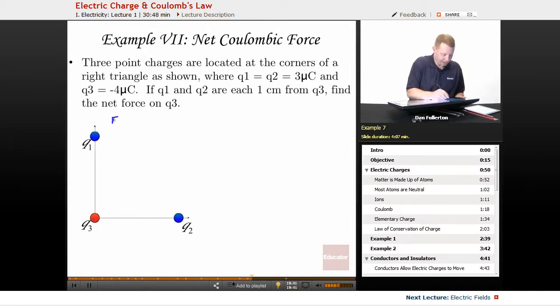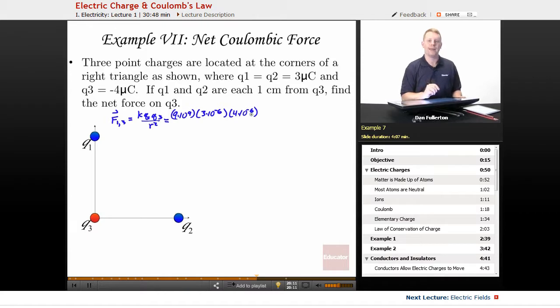We'll call that F1,3, and that's going to be equal to k Q1 Q3 over r squared, which is 9 times 10 to the 9th newton meters squared per coulomb squared, times our charge on Q1, 3 microcoulombs, or 3 times 10 to the minus 6 coulombs, times Q3, which we said was minus 4 times 10 to the minus 6 coulombs.